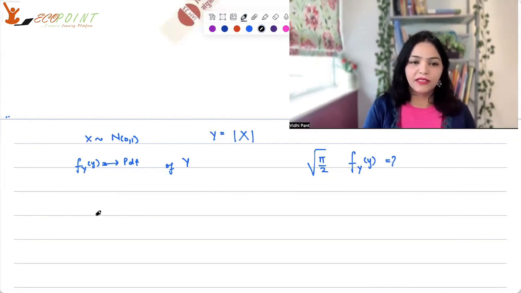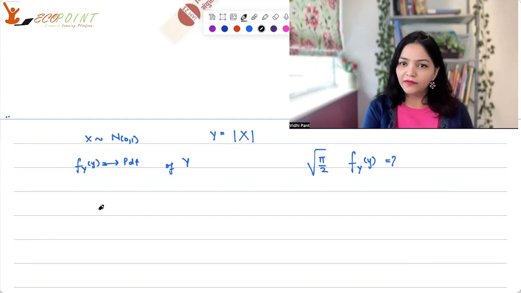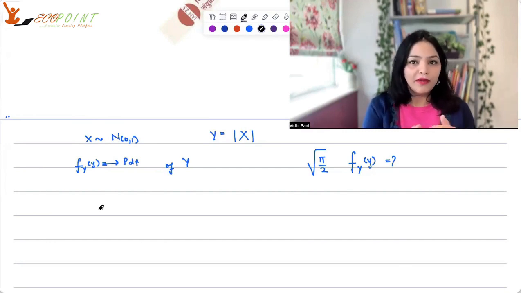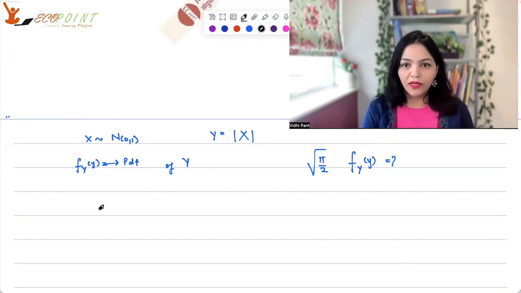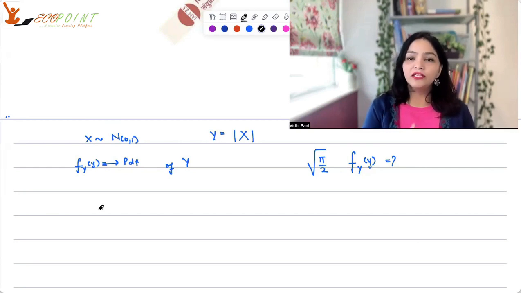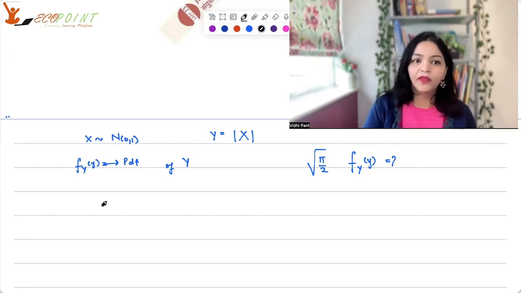Now, what is the CDF technique? When you have a transformation like this, you find the CDF for the random variable, and you should know that when you differentiate the CDF for any continuous random variable, you get the PDF, right? So you first find the CDF for the transformed random variable and differentiate in order to get the PDF.